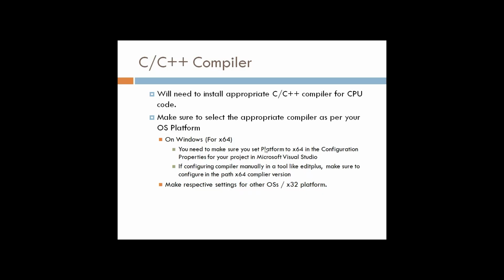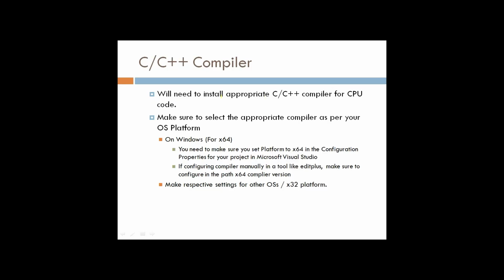The serial part of the code will be compiled by the host C++ compiler, and for the parallel part of our code we need another compiler, which is provided by NVIDIA, that we will discuss in the next slide.